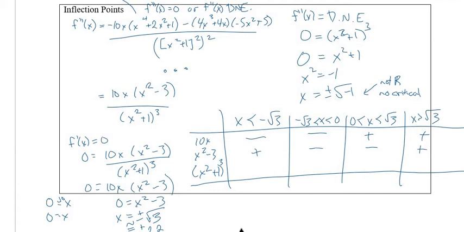And then for x squared plus 1 to the power of 3, let's see, x squared is always going to be positive. If we add 1, it's still going to be positive. And if we take it to the power of 3, it's still going to be positive. So we have positives across the board. So now examine the signs. So we have negative, and then 2 negatives make a positive, negative, positive.